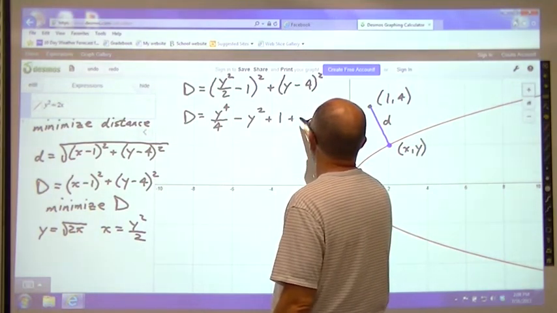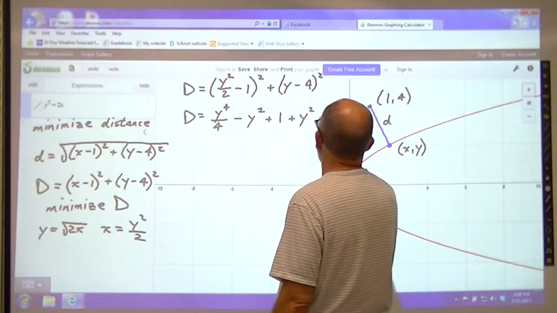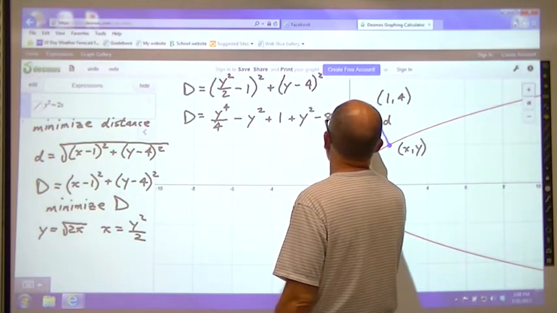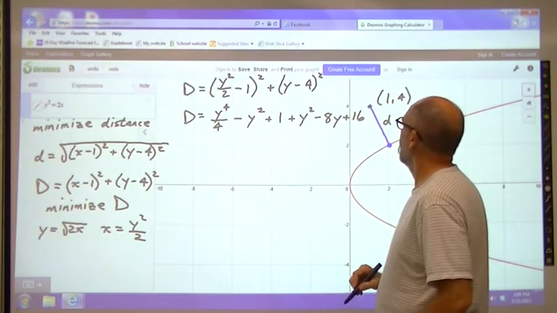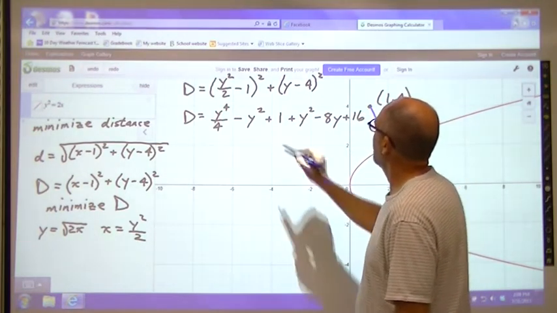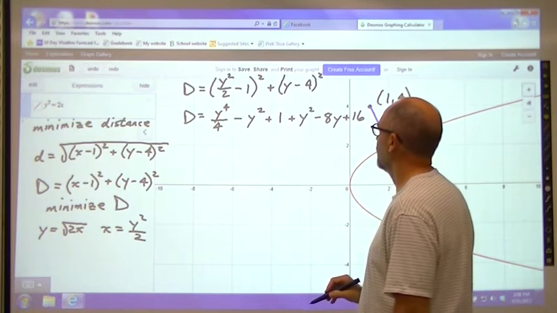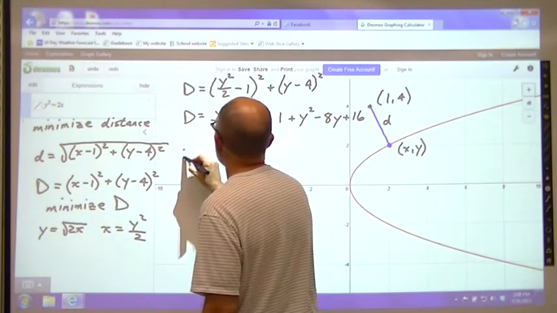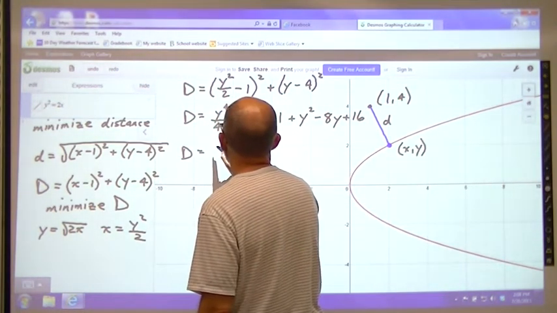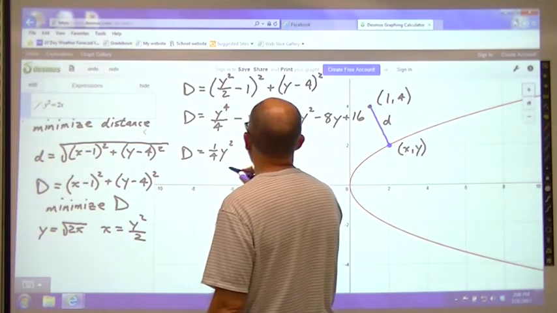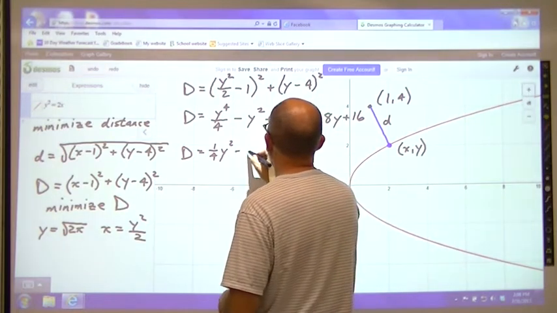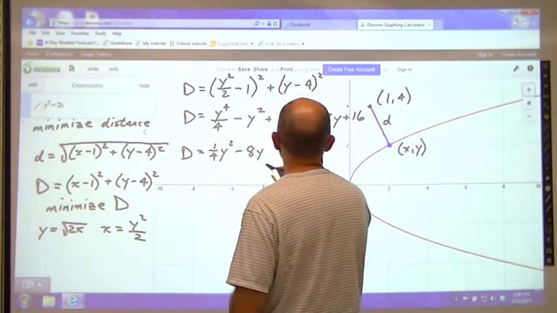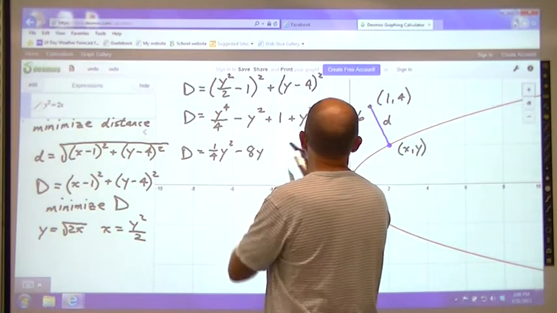Now, plus y squared minus 8y plus 16. Okay, now notice the y squareds cancel, and so I have D equals 1/4 y squared minus 8y plus 17.